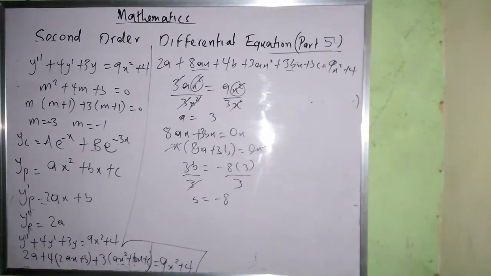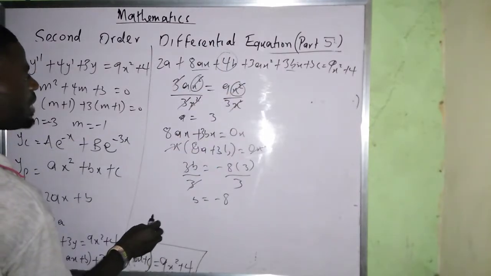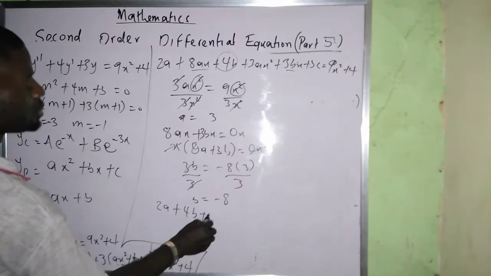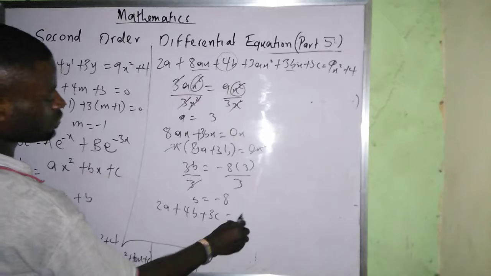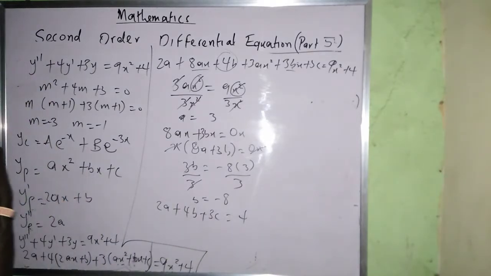Now, since I have my b as minus 8, I will move on to my c, the one that has only constants. It means I'll be having 2a plus 4b plus 3c equals 4. My b is minus 8.